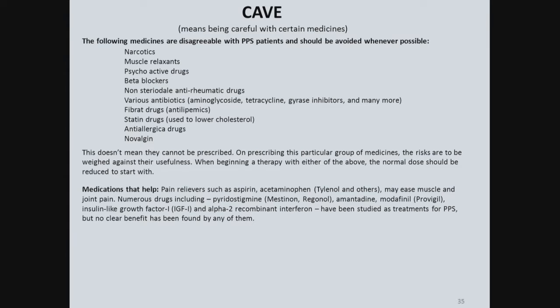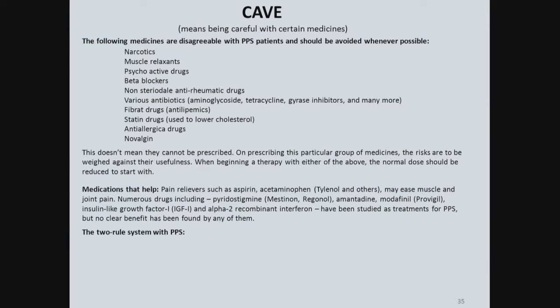Numerous drugs, including pyridostigmine, Mestinon, Regonol, amantadine, modafinil, Provigil, insulin-like growth factor, and alpha-2 recombinant interferon, have been studied as treatments for PPS, but no clear benefit has been found in any of them.